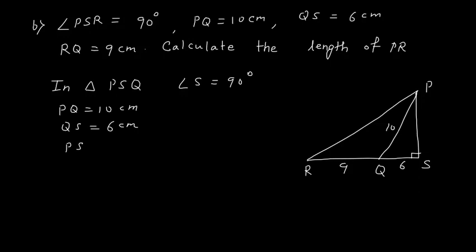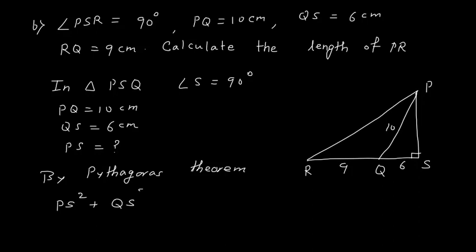The value of PS is unknown. So by Pythagoras theorem, we have PS square plus QS square is equal to PQ square.